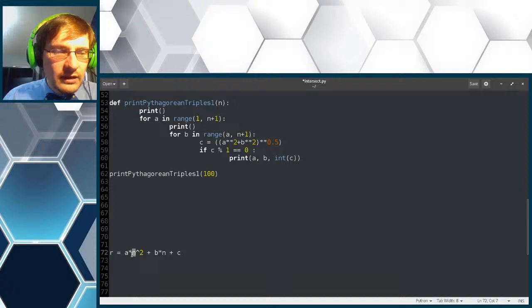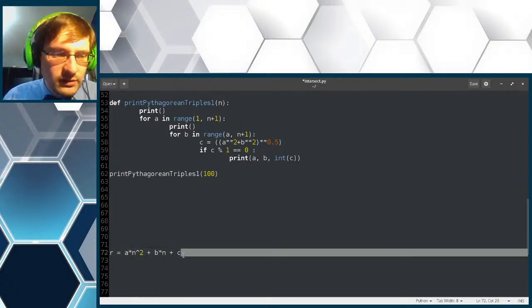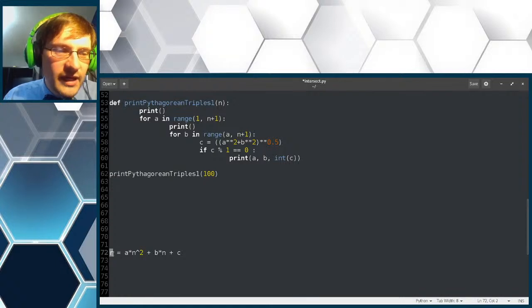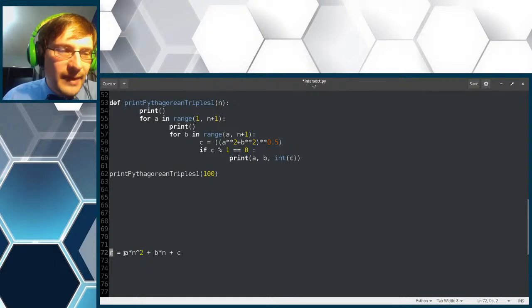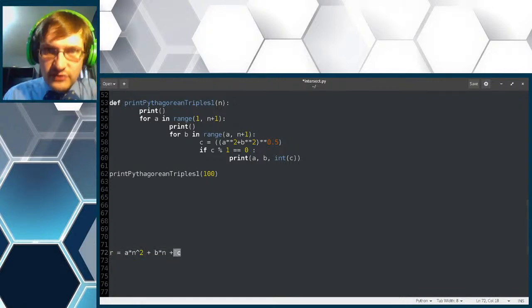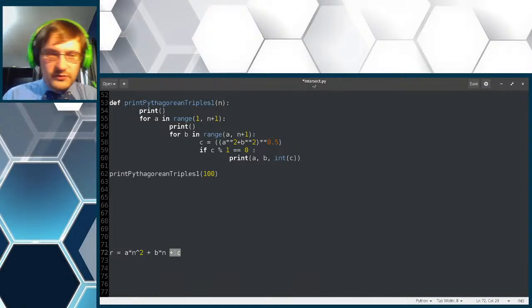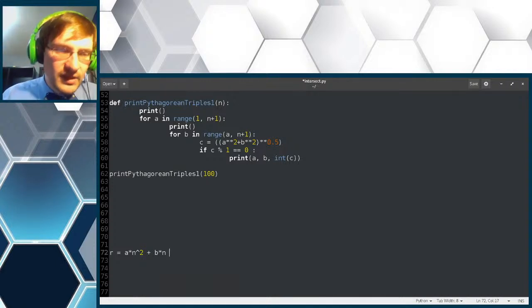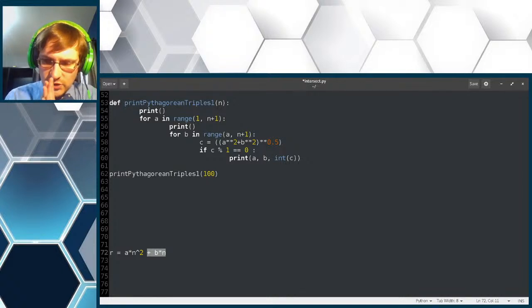So as n increases, the actual magnitude of r is going to be contributed primarily by this term. The constant term obviously is not going to contribute very much at all unless it's very, very large. So we abbreviate it away. Same thing with the b times n term.